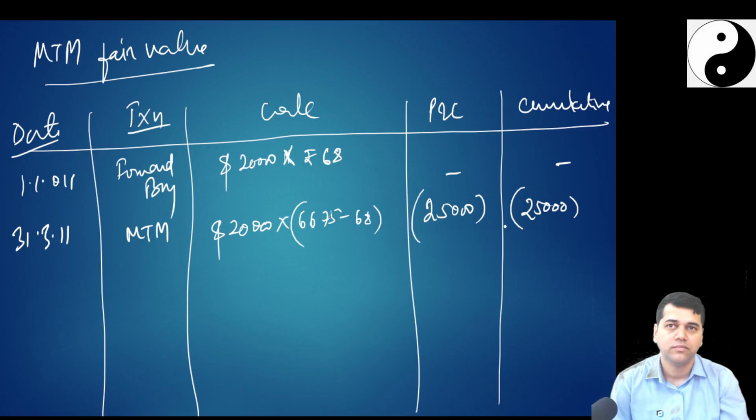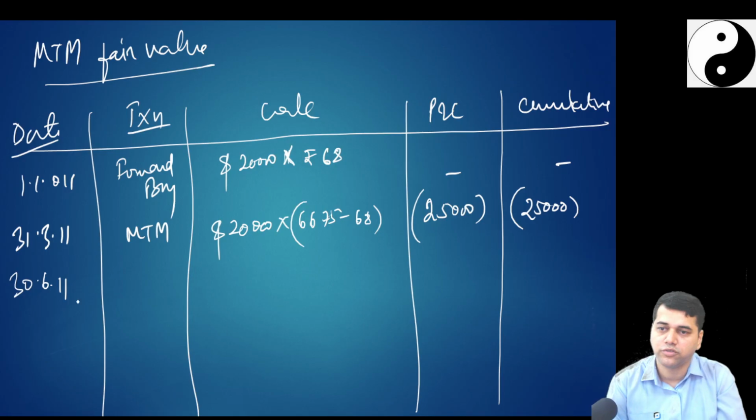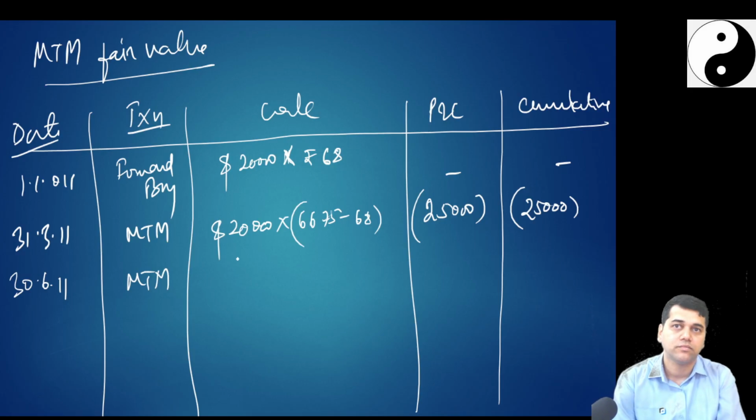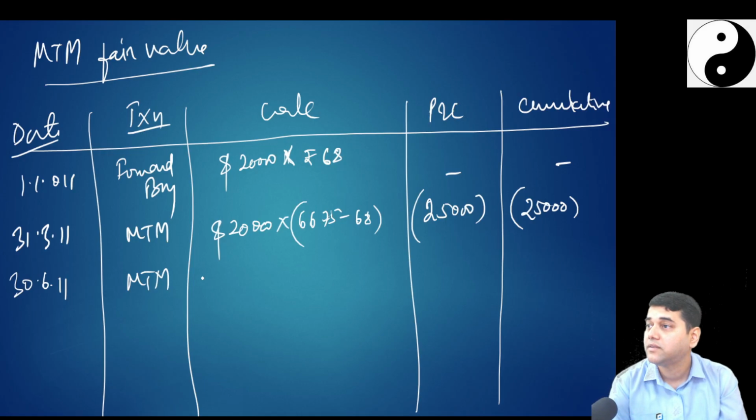Followed, no? Now comes 30th of June 2011. Again you need to do MTM because this contract is not yet settled. Are you happy or sad? What do you mean by mark to market?